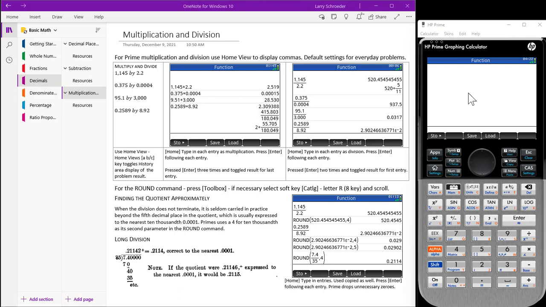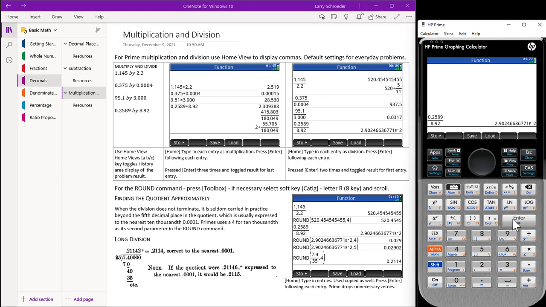Let's perform the last calculation. 0.2589 divided by 8.92. Press enter. It switched it over to exponent form.